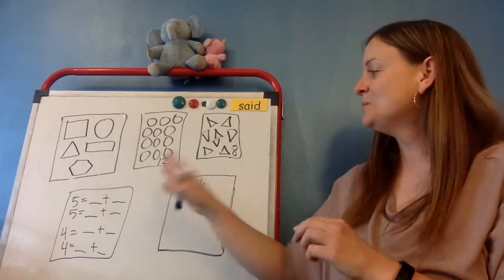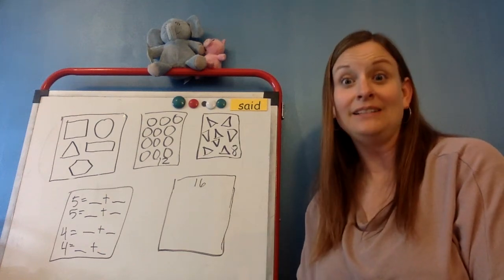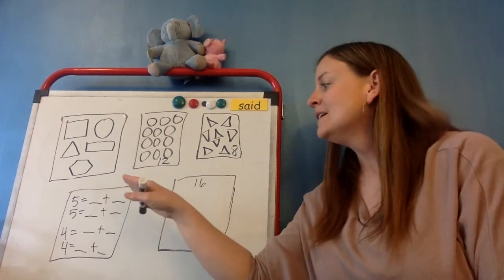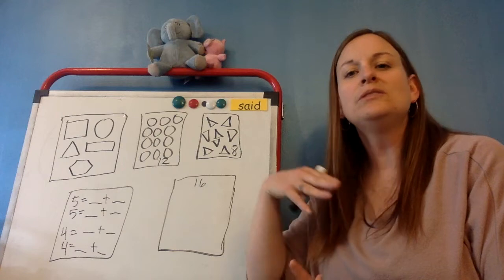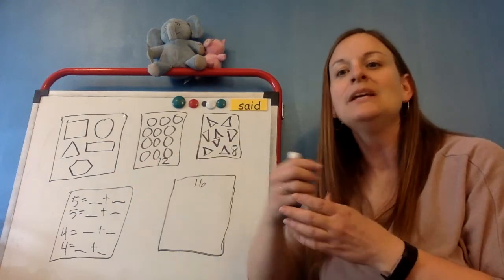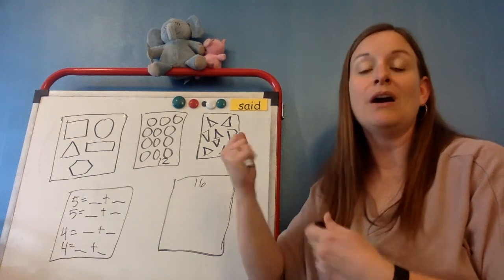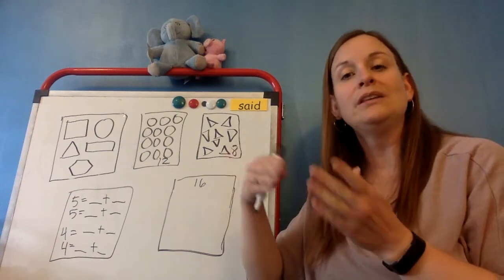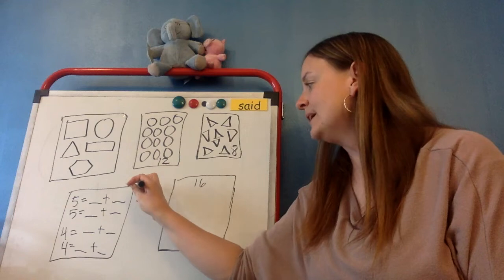All right, on this part, they want you to understand that we can take 5 and we can find different ways to add up to equal 5, kind of the partner numbers. Now, you would not be wrong if you did 2 plus 3 and 3 plus 2. Those are different.